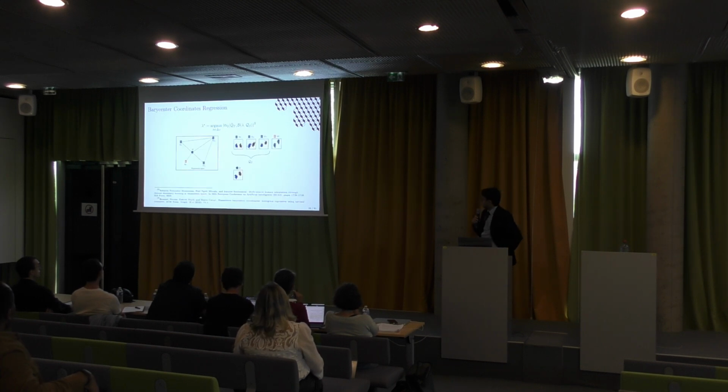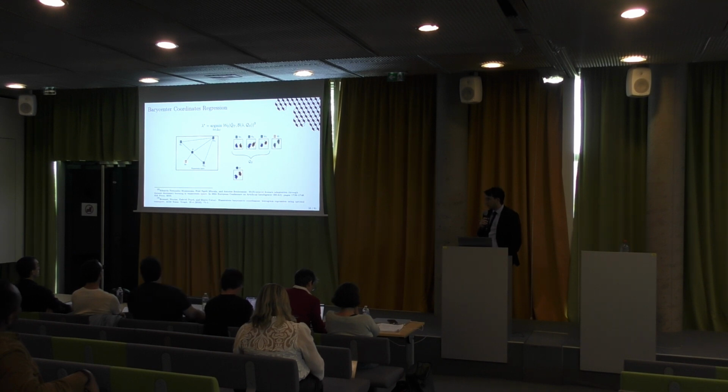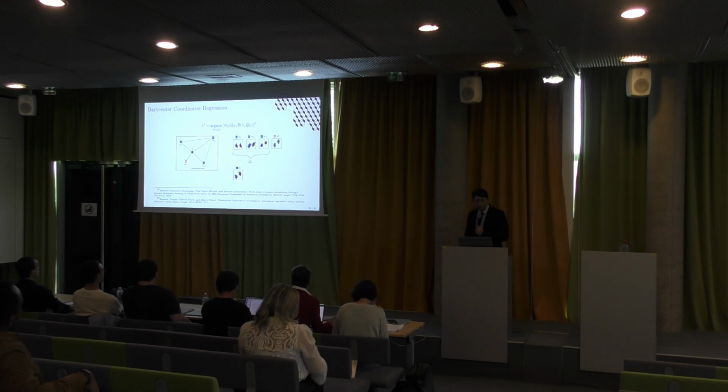This is what is called barycentric coordinates regression, which was previously used in the context of histograms, and now we adapt in our work to do that with point clouds, distributions of free support. Of course, this involves computing a different kind of barycenter. There is a Wasserstein Barycenter, but with a different machinery behind.